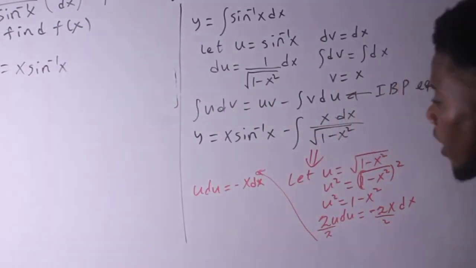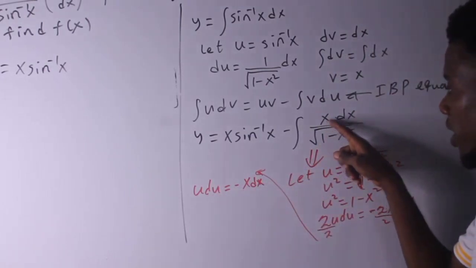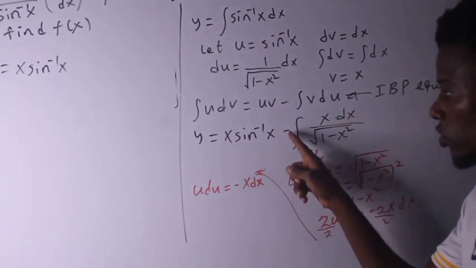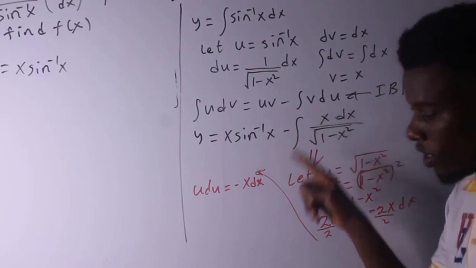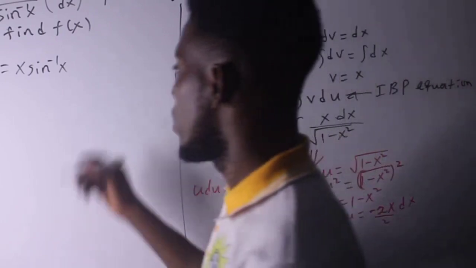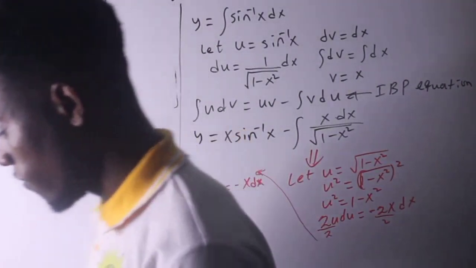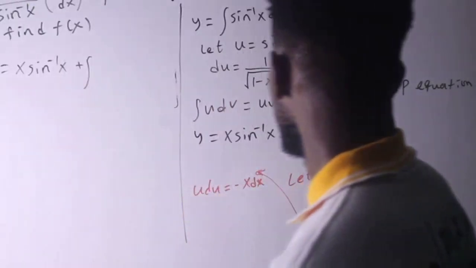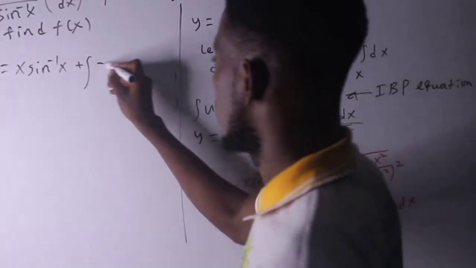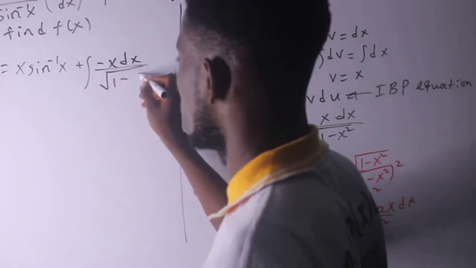But here we have x dx. What about the negative? So take this negative inside. This negative goes inside. We are going to have plus the integral of negative x dx, all divided by the square root of 1 minus x squared.